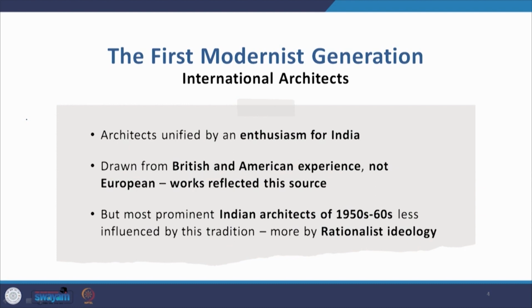But the most prominent Indian architects of the 1950s and 60s were less influenced by the British and American tradition and more impacted by the rationalist ideology that was coming from Europe. Now this is the first generation of international architects.